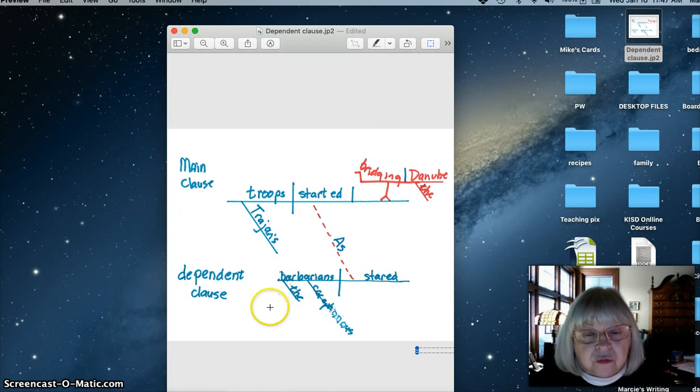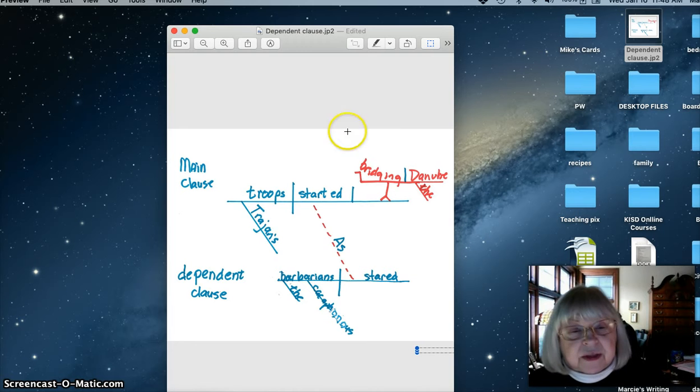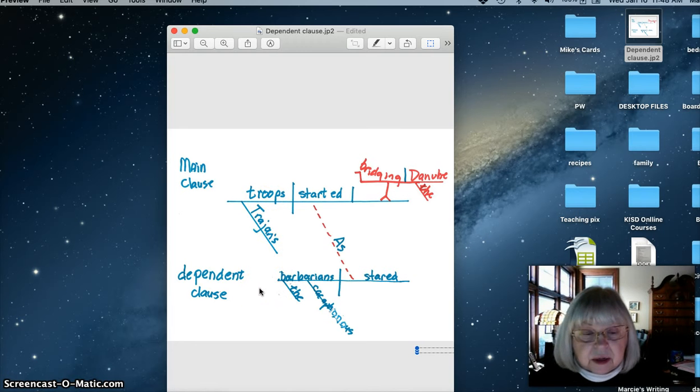The whole phrase, the whole clause, is an adverb coming under the verb started. As the barbarians stared, the troops started. Okay, that's what it would look like if you had to diagram it. There's a reason I'm not asking you to diagram these four-level sentences. They are complicated, but this is how you diagram a complex sentence.